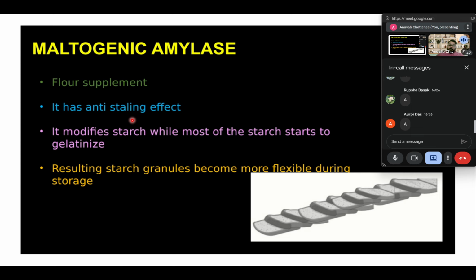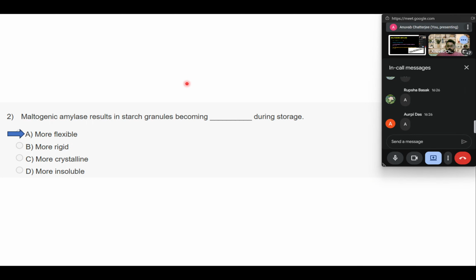It has an anti-staling effect and it modifies starch while most of the starch starts to gelatinize, and this results in starch granules becoming more flexible during storage. So you have softer starch granules, so soft bread, that is where you use maltogenic amylase, and this helps in storage of starch as well. So maltogenic amylase results in starch granules becoming more flexible during storage.